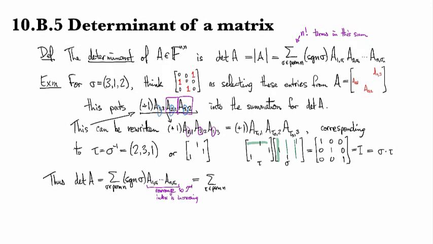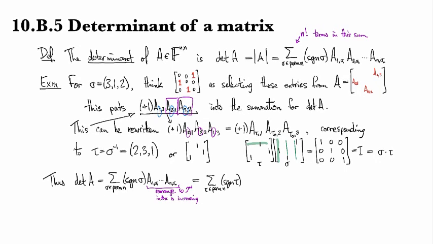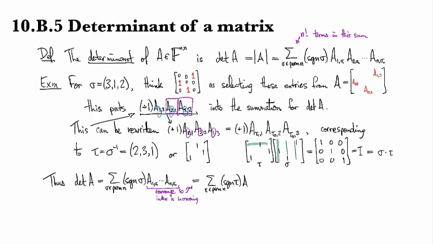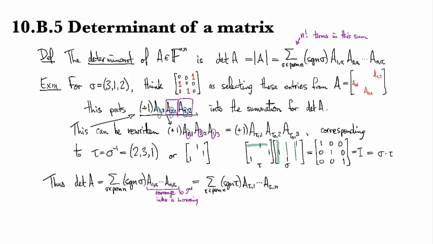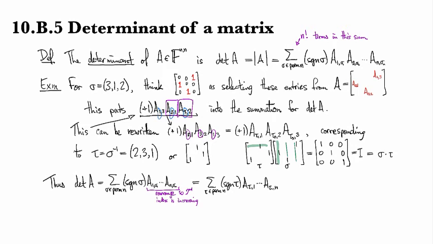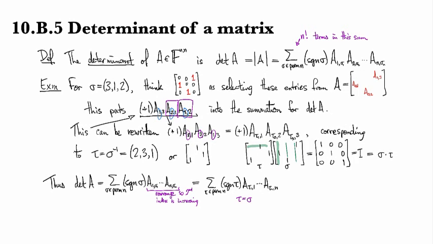So we do tau, sign tau, and then this is A tau 1, 1 through A tau n, n. And then we use the observation that tau is equal to sigma inverse.